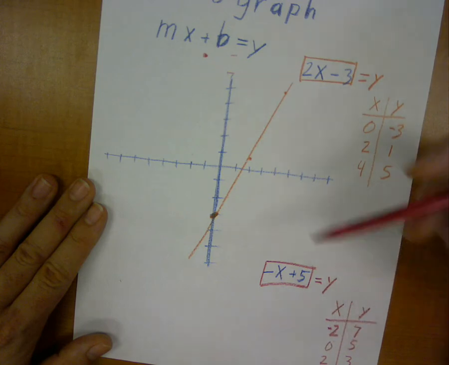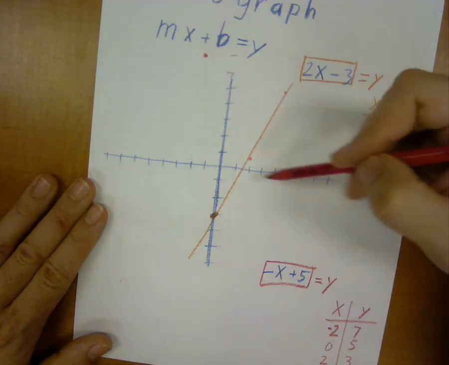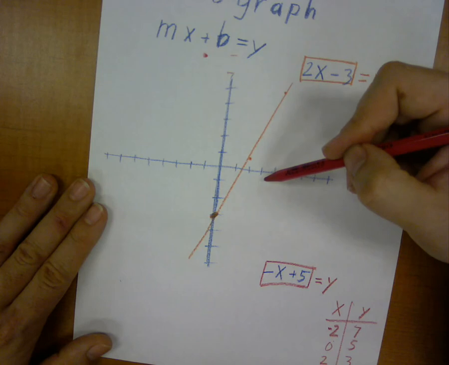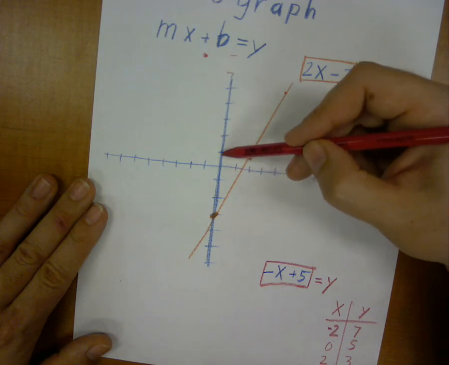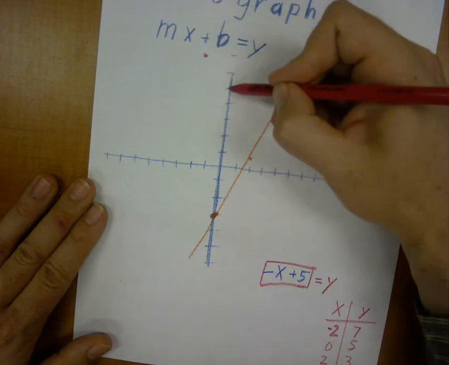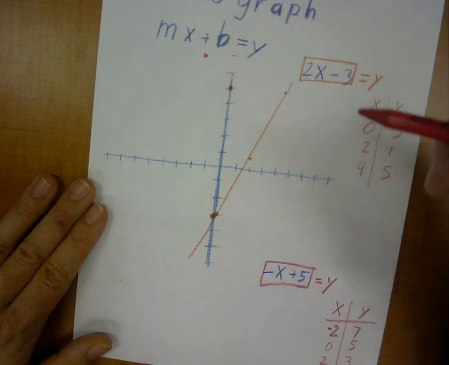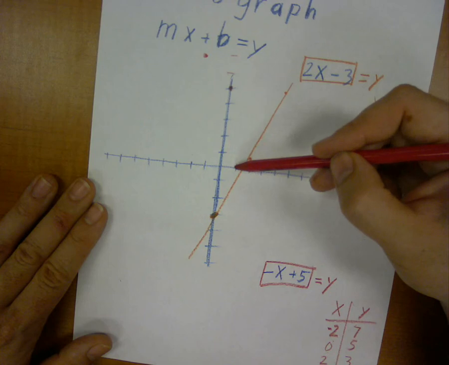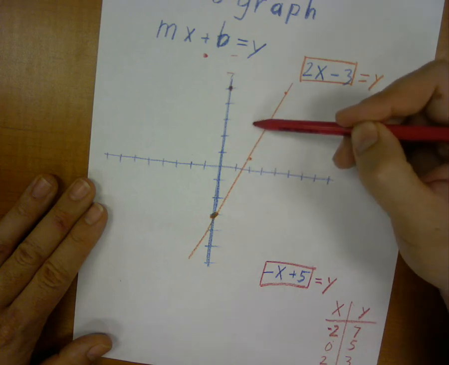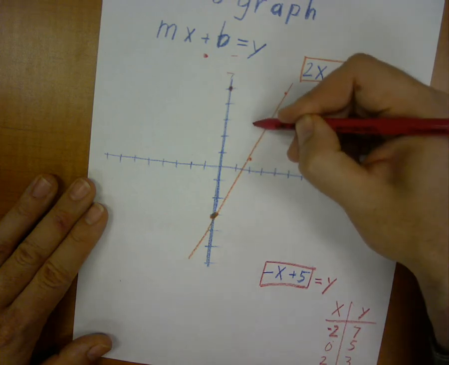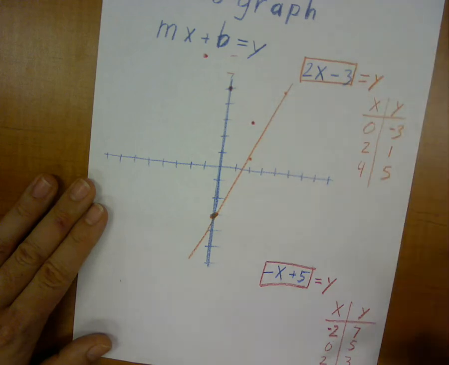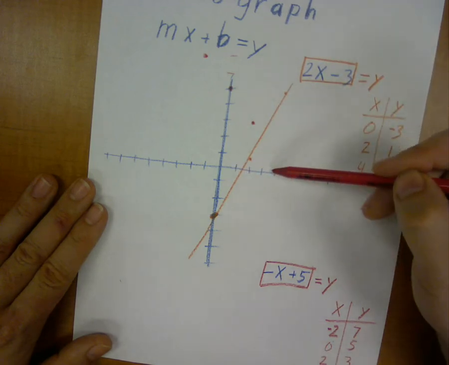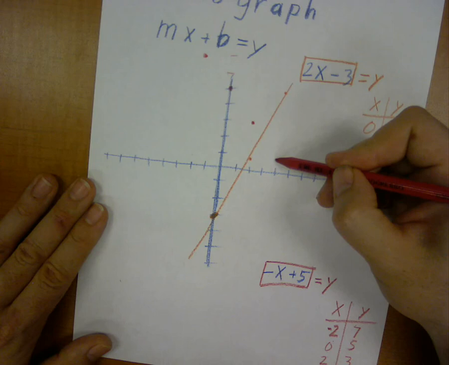Next point, 0, 5. 0 in the x direction, horizontally, which means you just stay where you are, and go 5 up, right here. Third point, 2 over, 3 up. Fourth point, 4 over, 1 up.